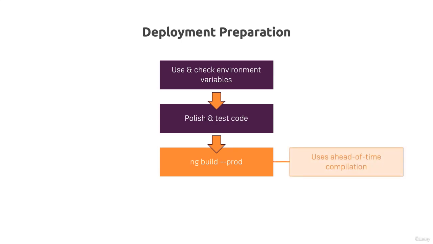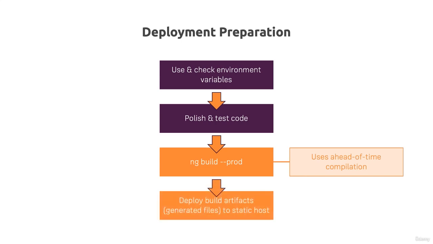Now, once you build your app, you can deploy these build artifacts, these generated files, to a static host. And now, what is a static host? A static host is a web server that is capable of serving HTML, JavaScript, and CSS, but that's not capable of running any server-side language like PHP or Node.js.